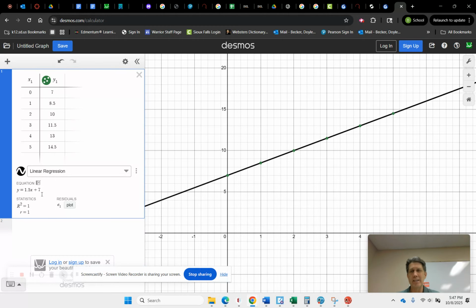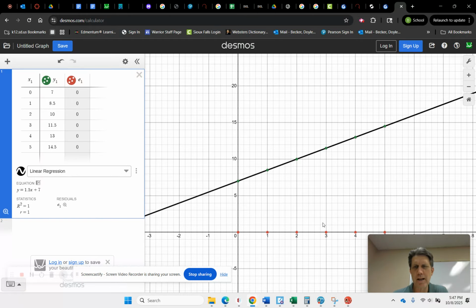What I like about Desmos is some of the things are right there right away. We have the r and the r squared value. R squared is 1. If you want to click plot the residuals, you can. The residuals are all down here.